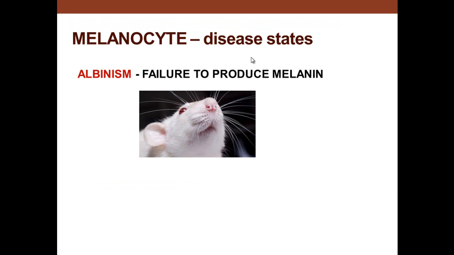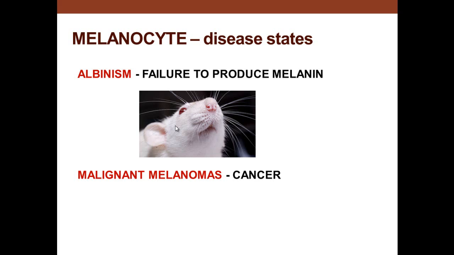There are diseases associated with melanocytes. Of course, albinism is a failure to produce melanin, or producing only a little melanin, and here we see an albino rat. The pink that we see there is actually from the blood, from the red blood cells. Otherwise, there's no pigmentation in the hairs, and the skin you can see is albino.